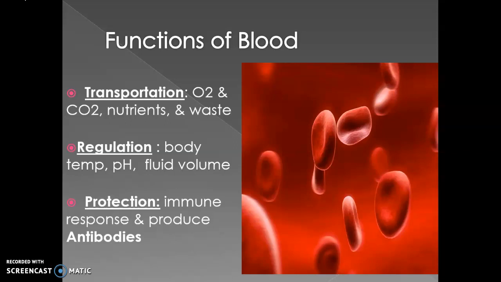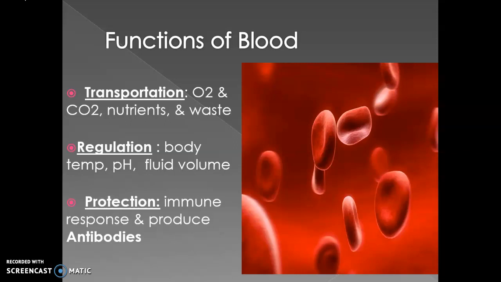So blood plasma actually contains ions and compounds that may be distributed to fluid bathing cells within the tissues. And know that the pH of blood plasma is slightly alkaline, and the blood pH is maintained between 7.35 to 7.45. So blood has a very narrow pH range, 7.35 to 7.45.